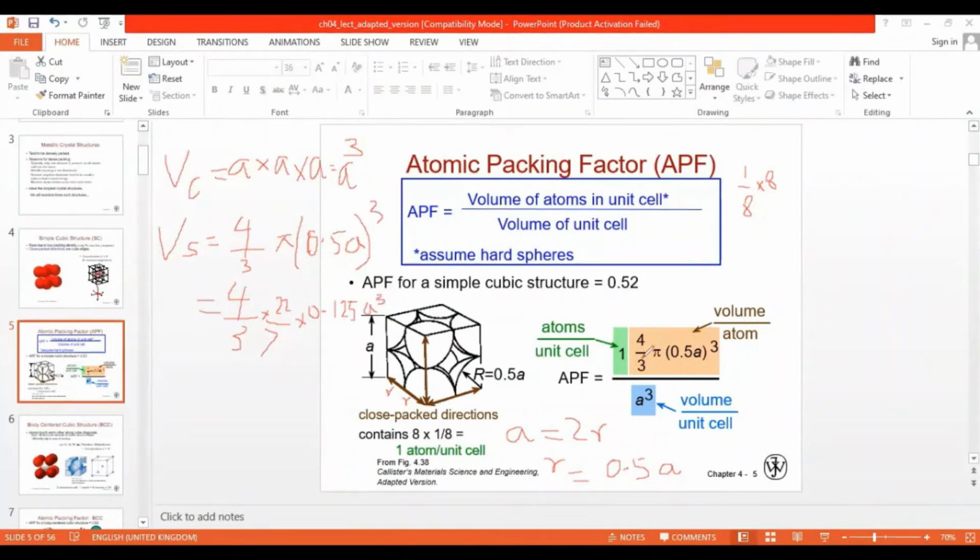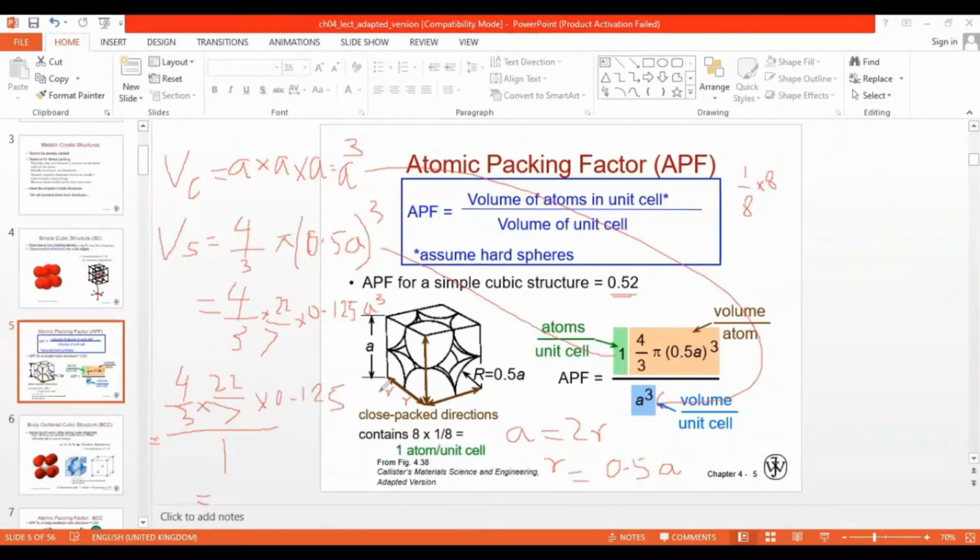Now, you see here, one atom volume is 4/3 pi A cube times 0.125. I don't need the exact value, I just need the ratio. So if I divide this with this, this value is here and this value is here. 4/3 pi A cube divided by A cube will give you 0.52. Your A cube and A cube will cancel, at the bottom you have 1, and at the top you have 4/3 into pi into 0.125.